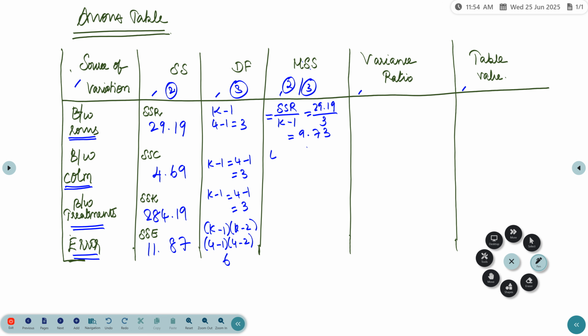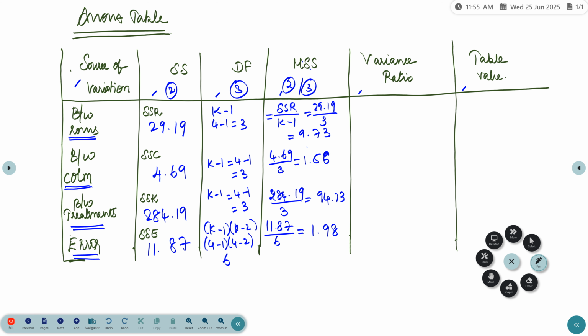Similarly, 4.69 divided by 3 is 1.56. 284.19 divided by 3 is equal to 94.73. Similarly, SSE divided by its degrees of freedom: 11.87 divided by 6 is equal to 1.98.